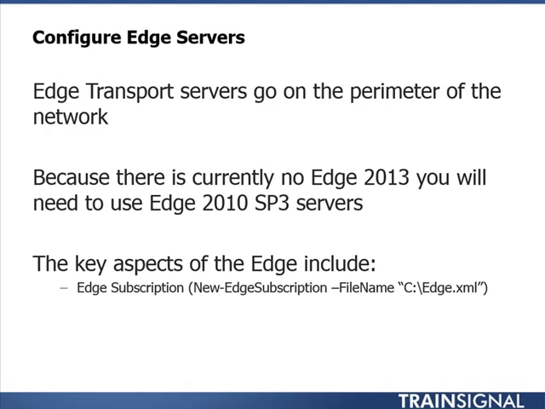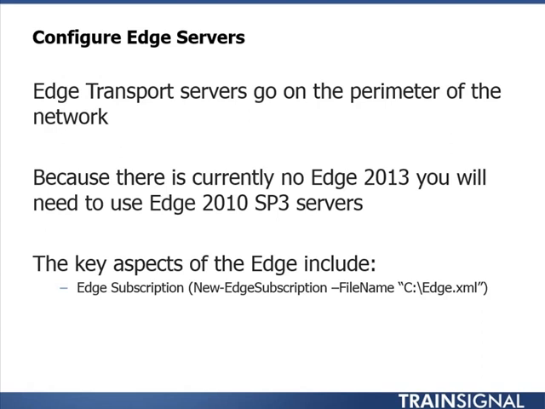Ultimately, because the Edge transport server is not a part of the Active Directory, you have to make this very specific connection or subscription between the two environments. So the Edge file is used in order to do that XML file.